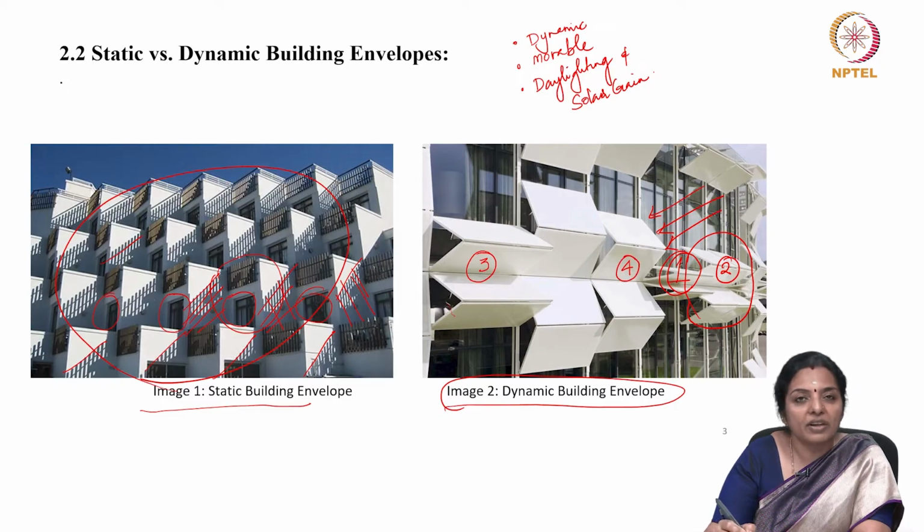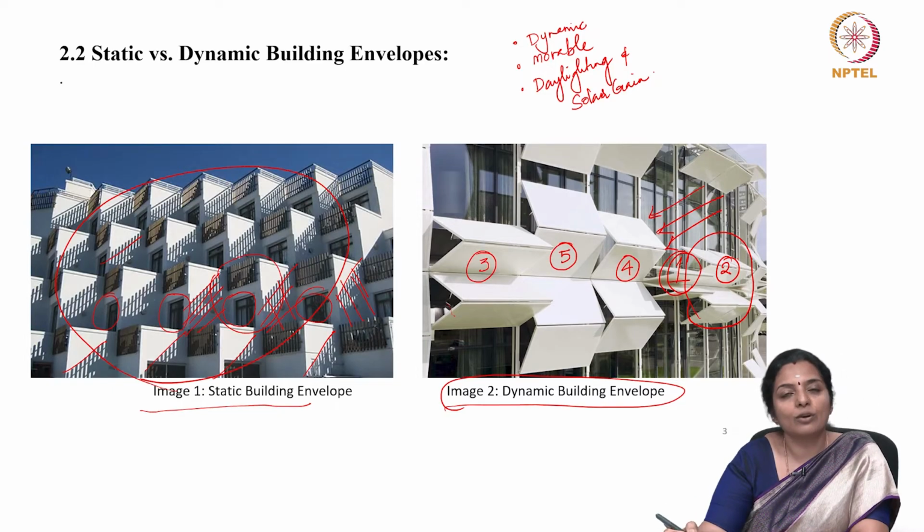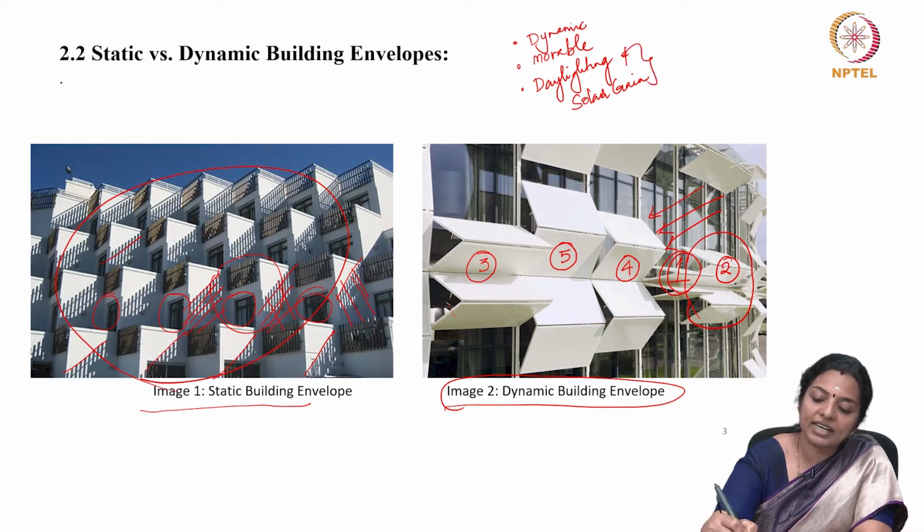If you want very, very minimal or almost no solar radiation and extremely less daylight, then you can go for option 5. When I say you can go for, I mean to say that the facade chooses based on how you program it to allow optimization of daylighting and solar gain.